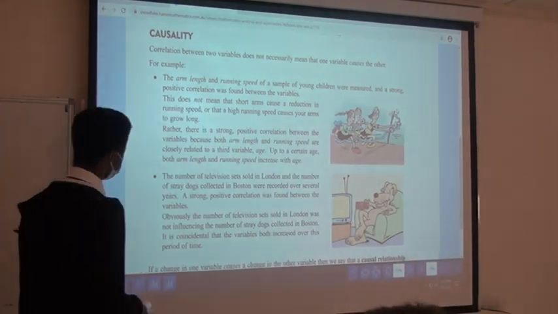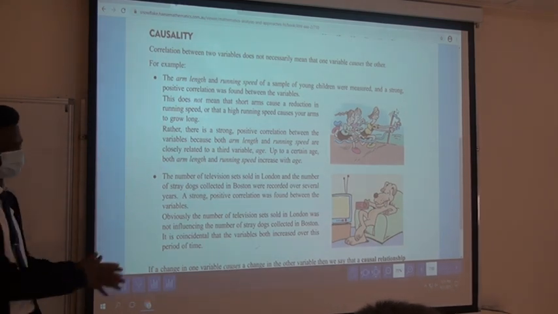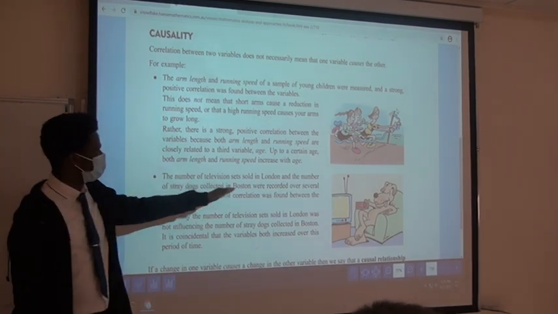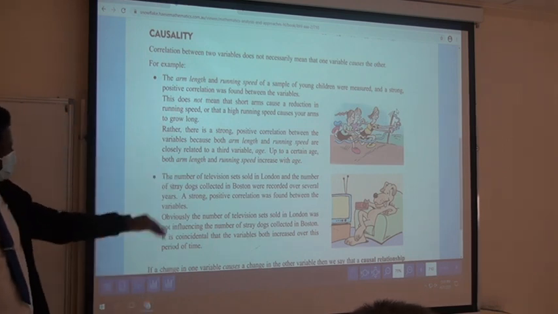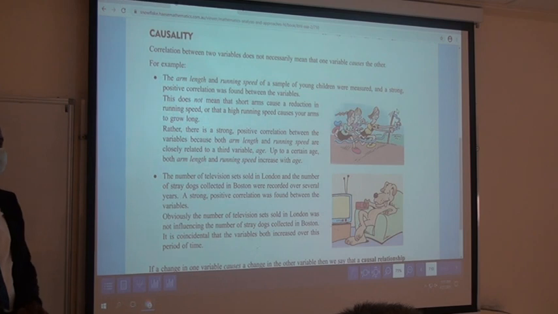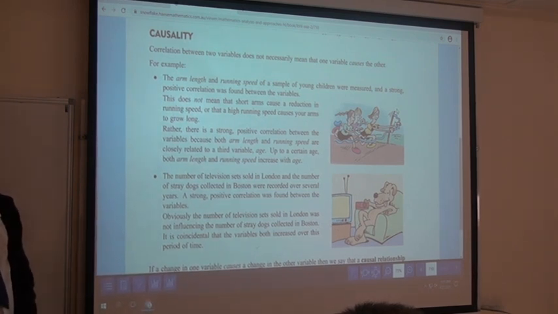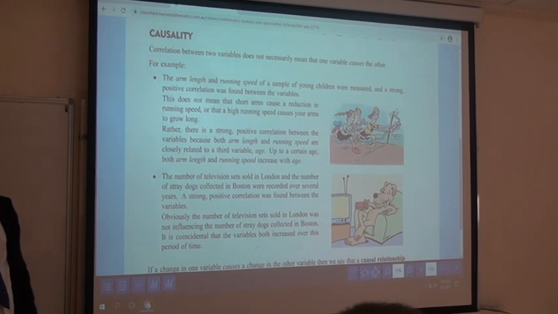Again, look at this. I want to run through this specific example because it's so trivial. The number of television sets sold in London and the number of stray dogs collected in Boston were recorded over the years. A positive correlation was found between the two variables. What has television sold got to do with stray dogs?